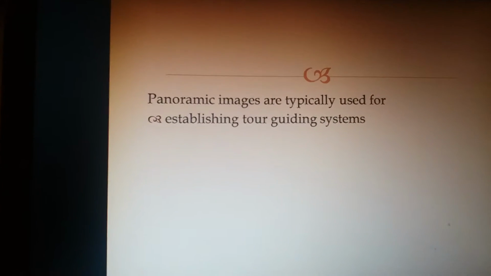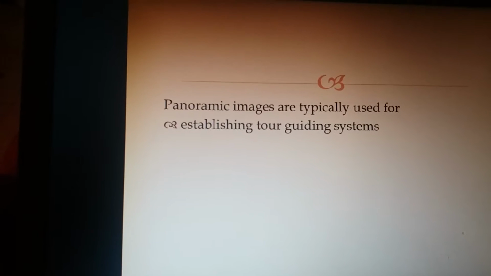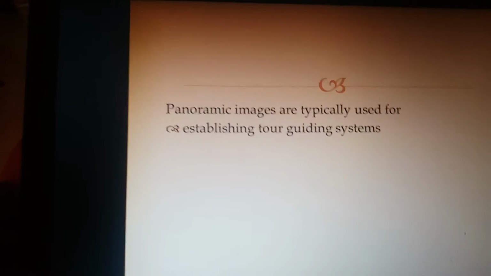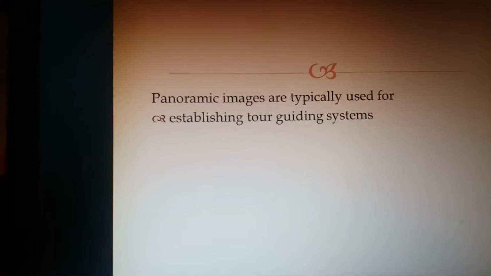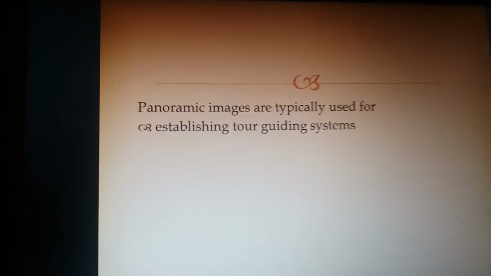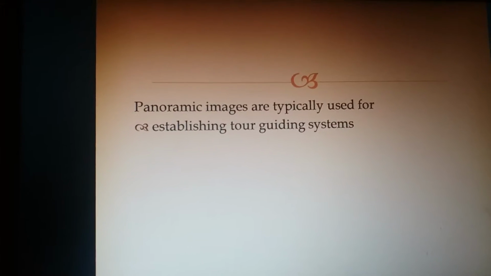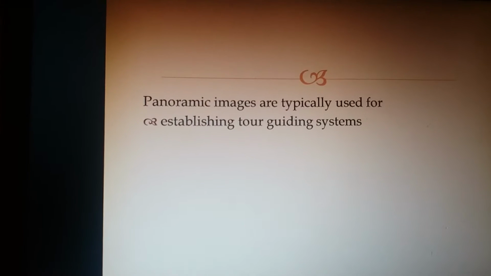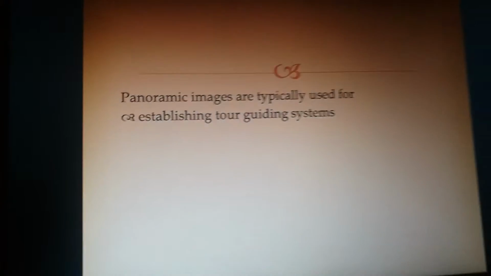This is even the future for guiding systems, as you will be able to understand what the place is, how the locality is, and where to go, because it gives you an understanding of the surroundings. These panoramic images are used in Google Maps for showing a particular location. They click a 360-degree image and put it up, so people who want to visit the place can see it in a 360-degree view.